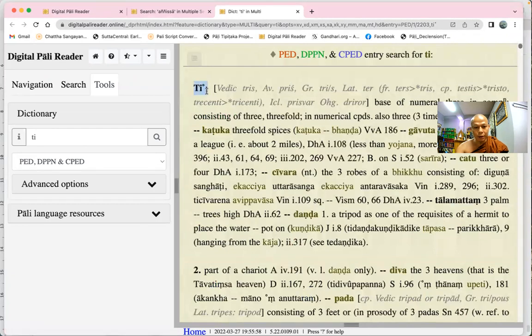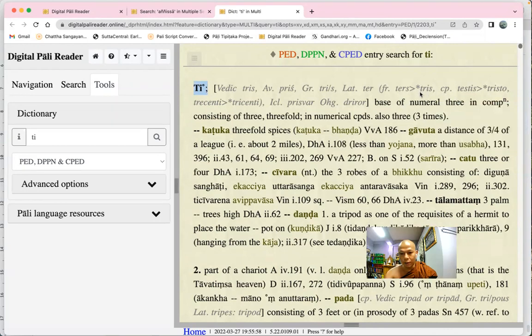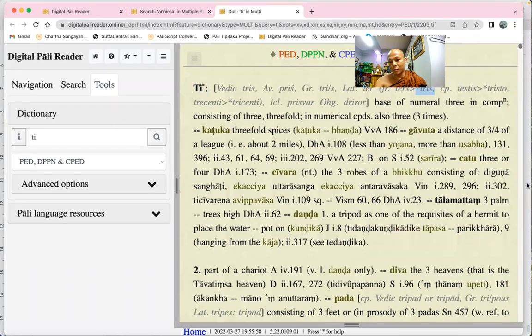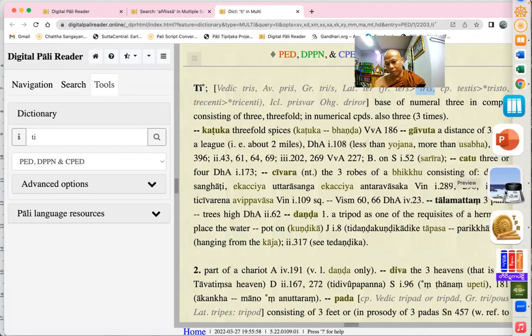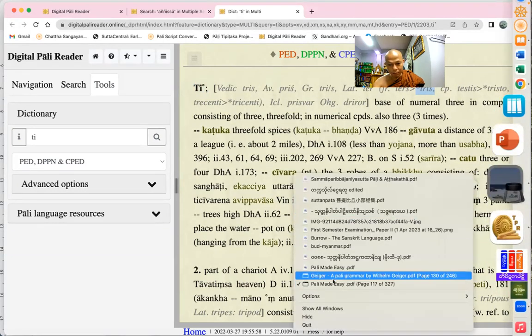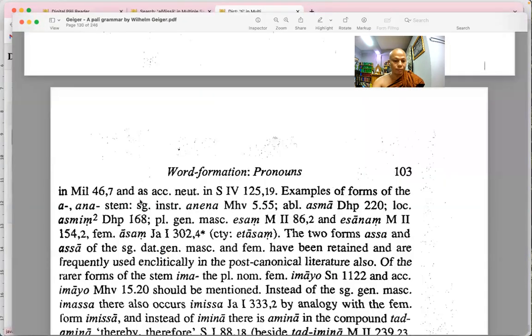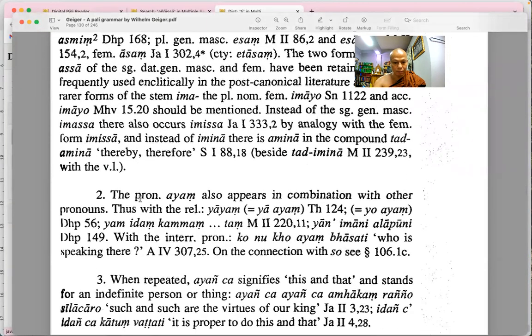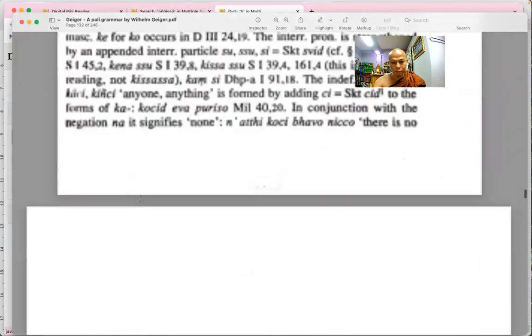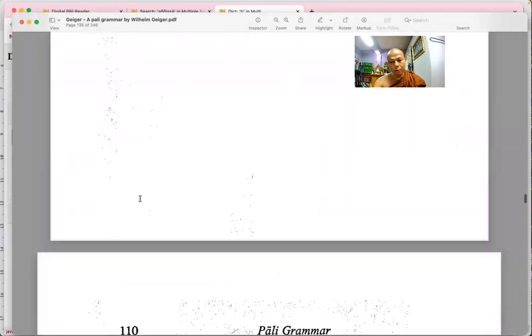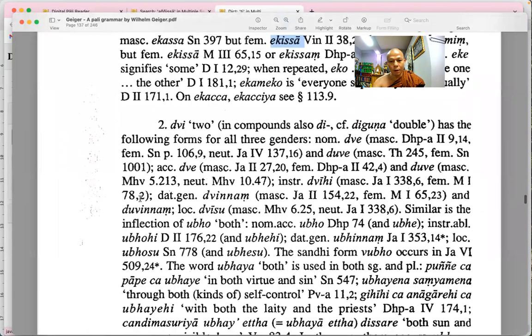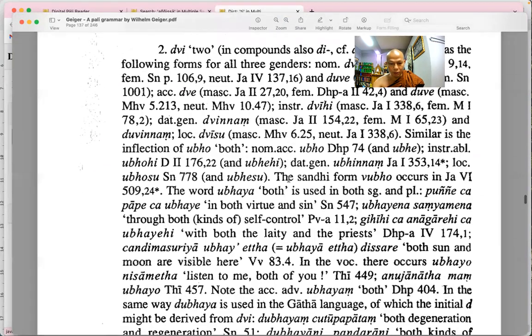So D. Okay, that D is actually from the maybe here there is. Okay, instead of that one where we can see in the Geiger book. So D is okay.